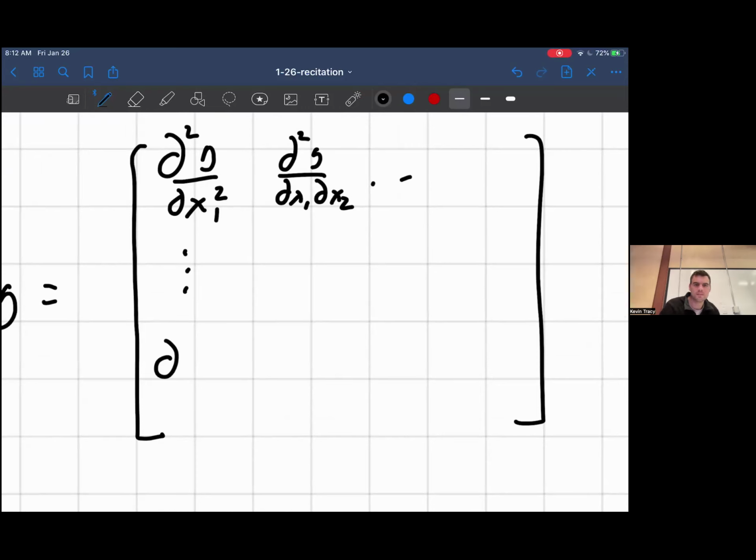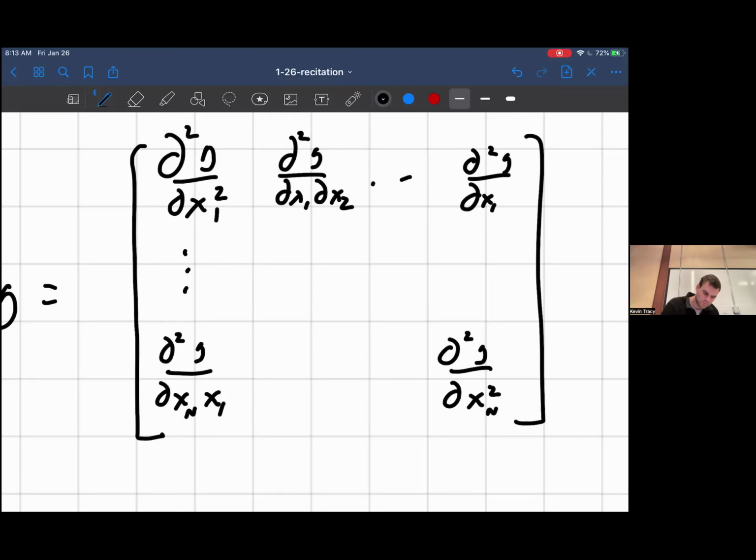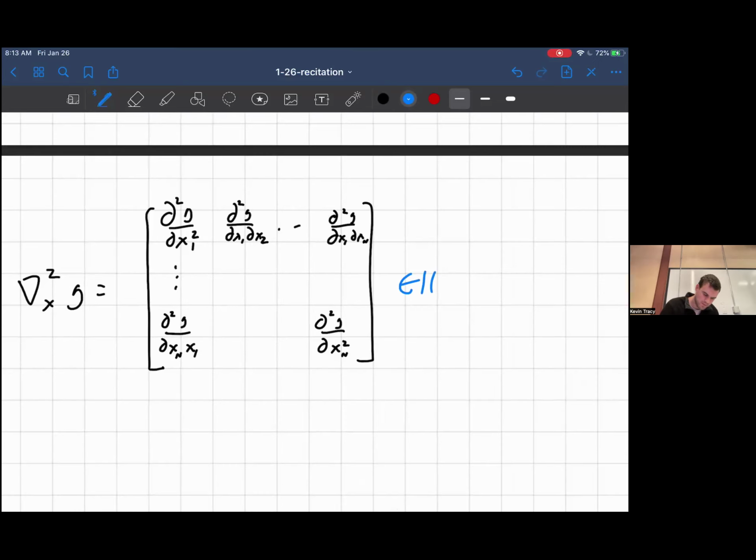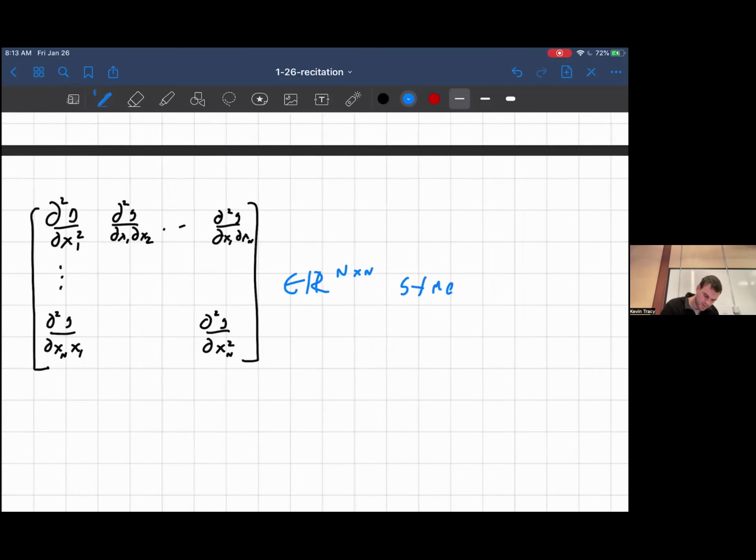Partial of, see, I have a nice image of this. I'll just go ahead and write it out. And this is an n by n symmetric matrix.